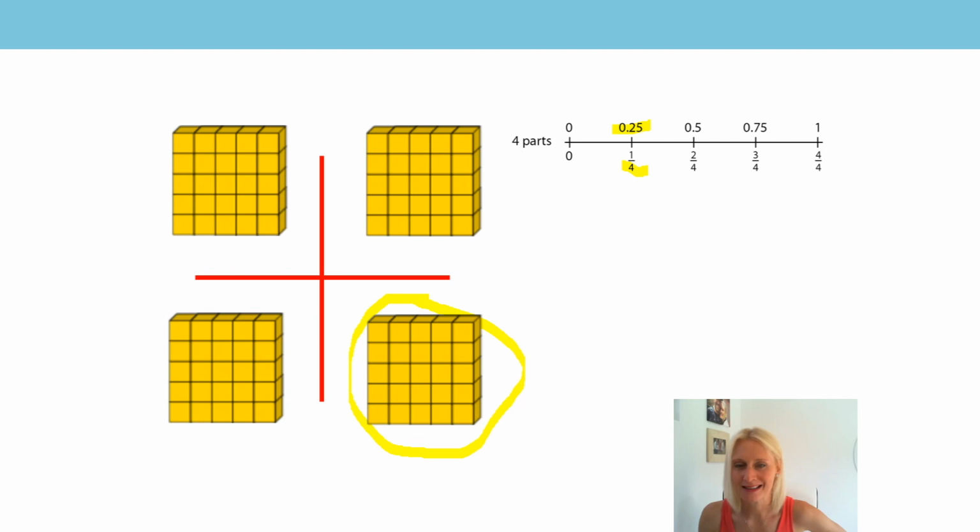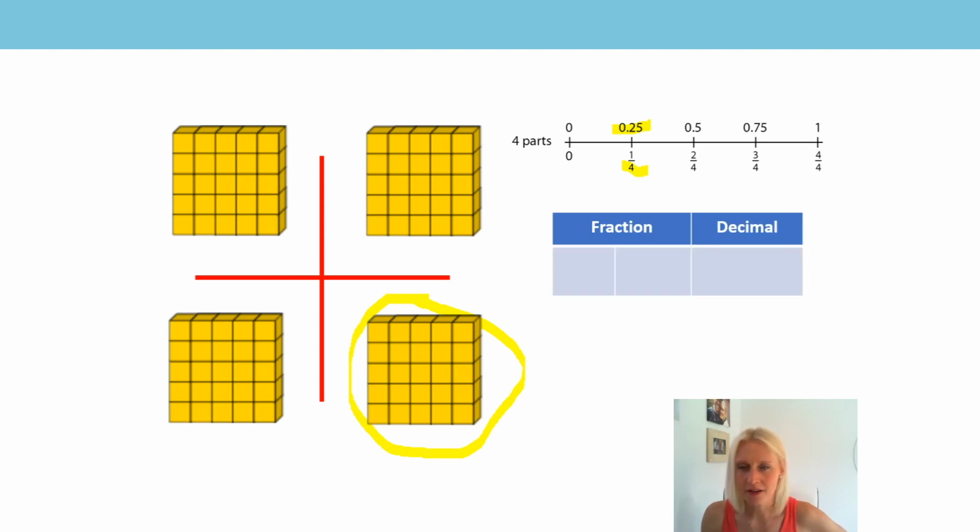What do you think? Some of you nodding your heads. Some of you might be nodding your head saying, yes, there is another way. And some of you might be thinking, not really sure. There probably is, but I'm not sure. So let's have a think about that. If we know that this whole has been split into 4 equal parts, there are 25 hundredths in each part, the decimal will look like this.